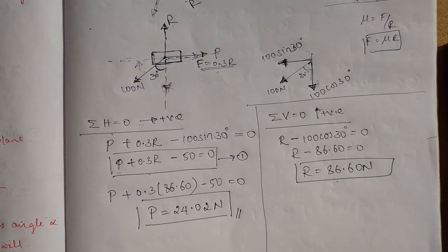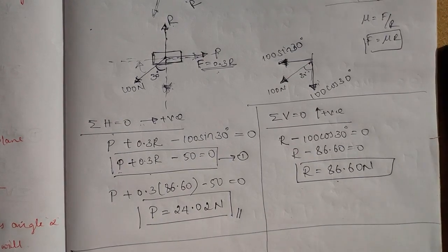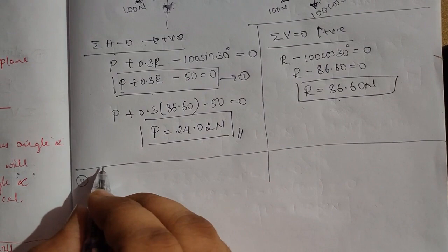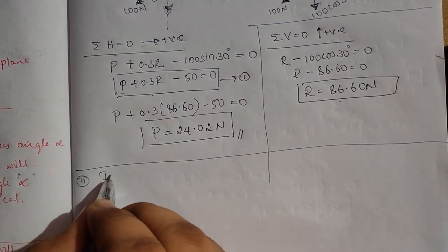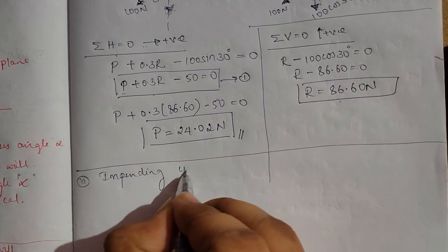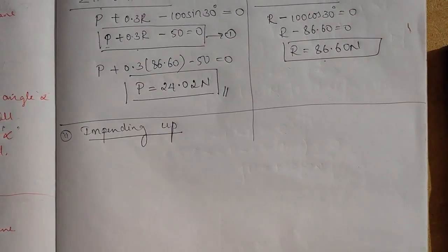So this is the value of P when the motion is impending down. Now I'll take when the motion is impending up. Case 2, when the motion is impending up. So for that I'll write a diagram.